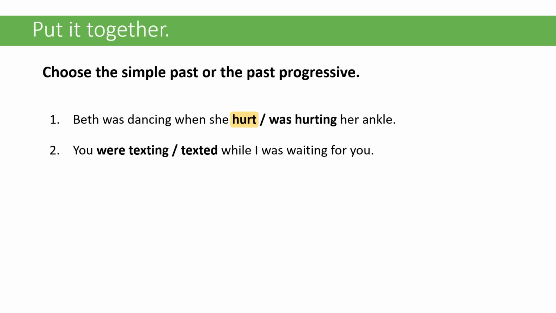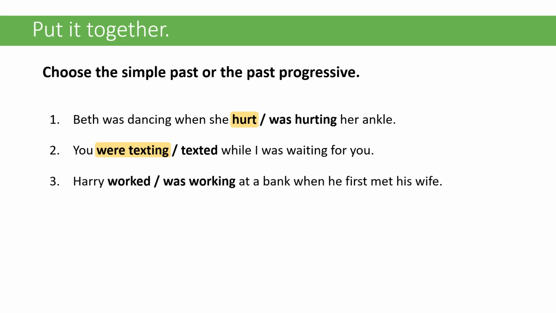If one is simple and the other one is progressive, it means that this one happened first and then this one happened. It makes more sense to say you were texting while I was waiting for you. Technically, you could say you texted while I was waiting for you, but it makes more sense to think these things were happening at the same time.